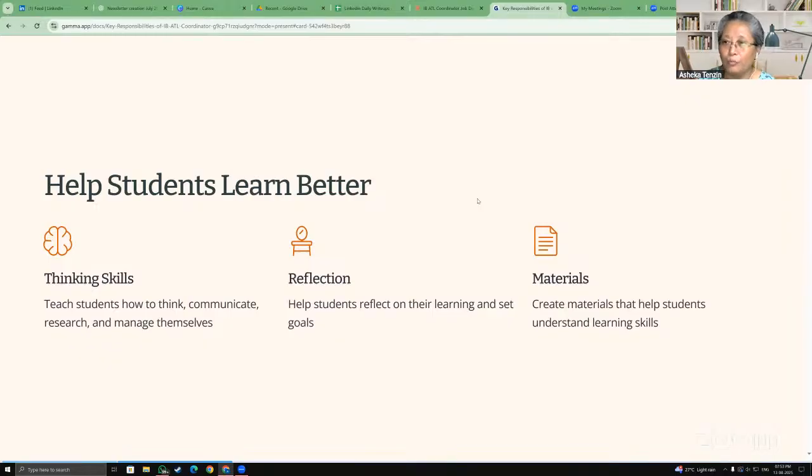And as they move from one level to the next level, they need to reflect on how they have achieved their goals. Okay, so that is very important. And at the same time, you will have to create materials which will help the students to understand how to learn these skills. So these are the main three things by which you will help students learn better. So you are that resource person.